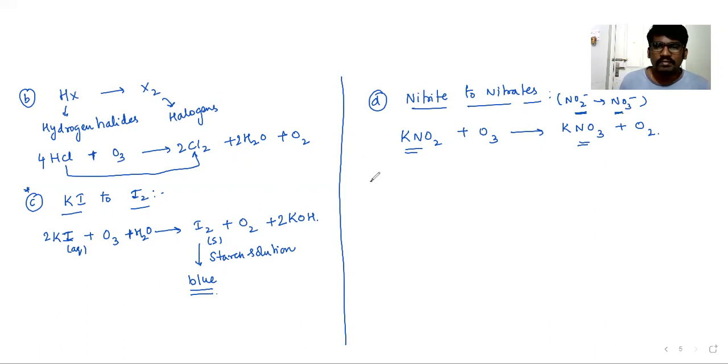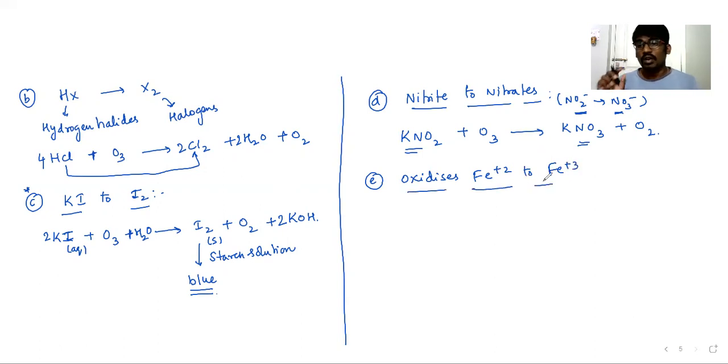And next we have a very important oxidation: Fe2 plus to Fe3 plus. What does it mean? Ferrous salts can be changed to ferric. Suppose you take FeSO4 in acidic medium, H2SO4, and treat it with ozone.